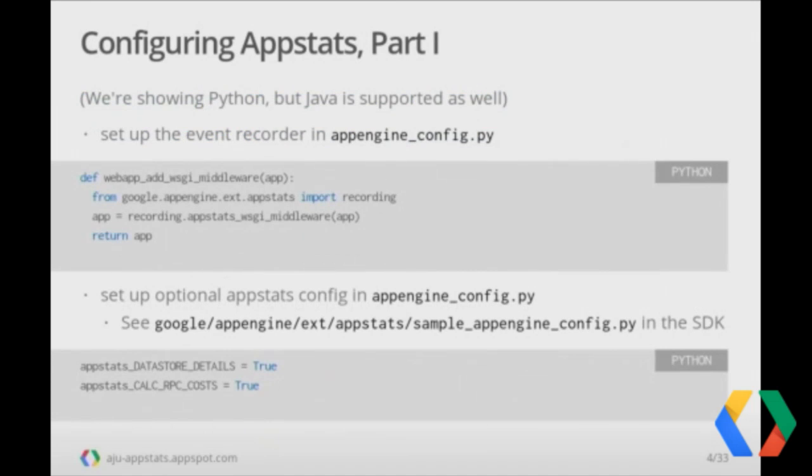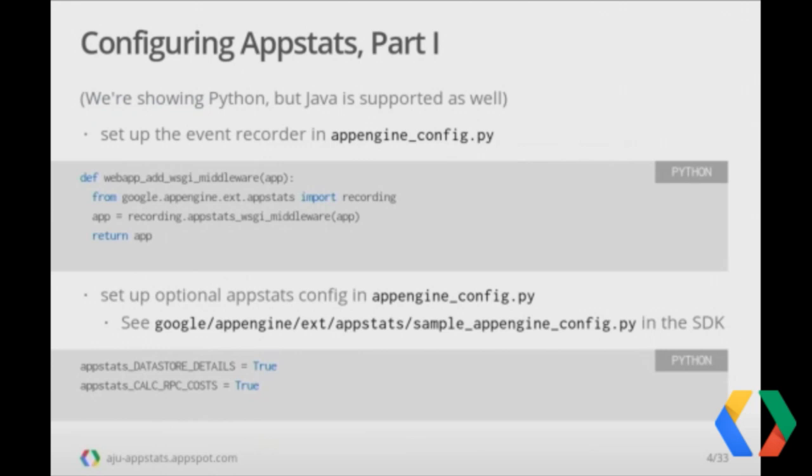This is all covered in the documentation, but here's a quick overview of how to set up Appstats for those who aren't familiar with it. You first have to set up a so-called event recorder in appengine_config, and then also in appengine_config, you can set some configuration variables that impact what gets tracked. In particular, one thing we're going to do for this broadcast is play around a little with appstats_CALC_RPC_COSTS. We'll be setting this in our config file.